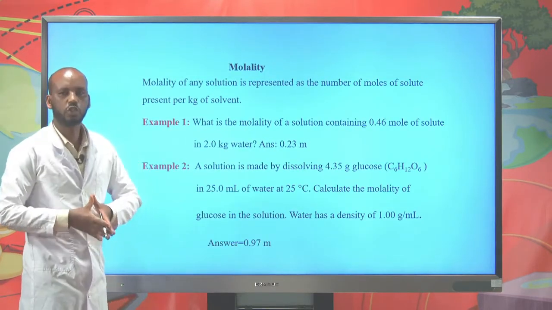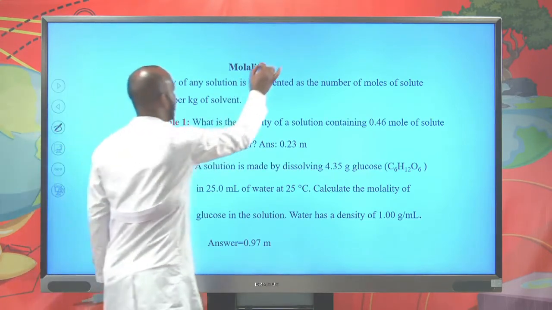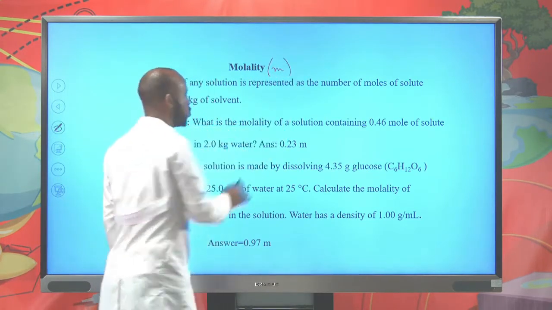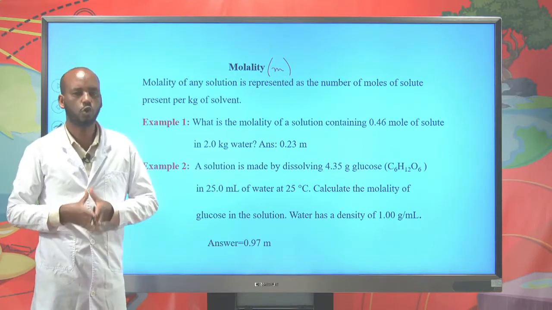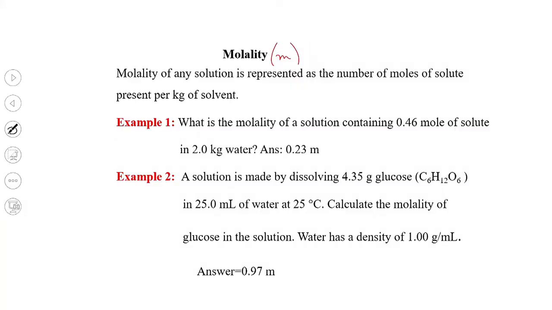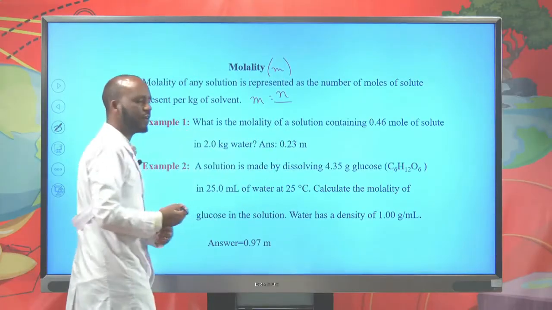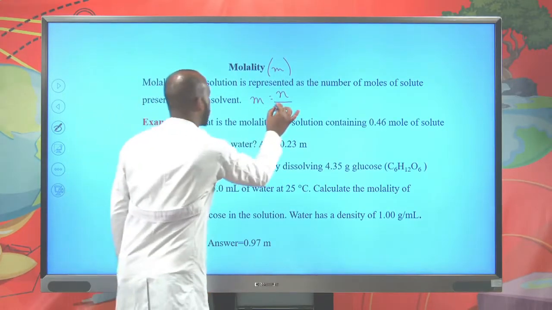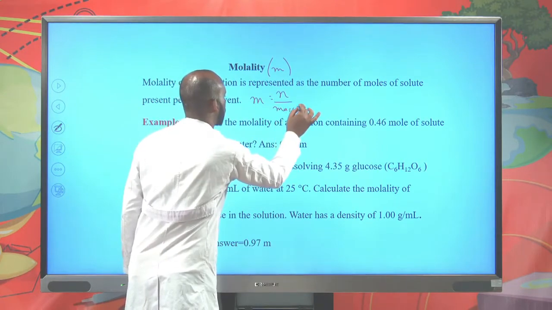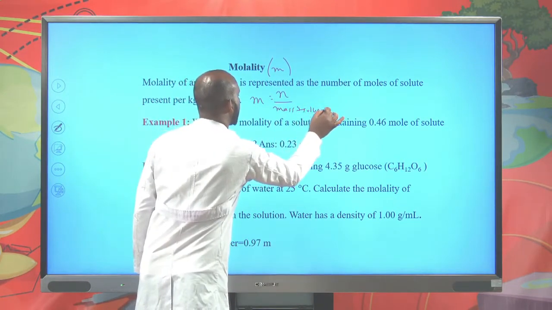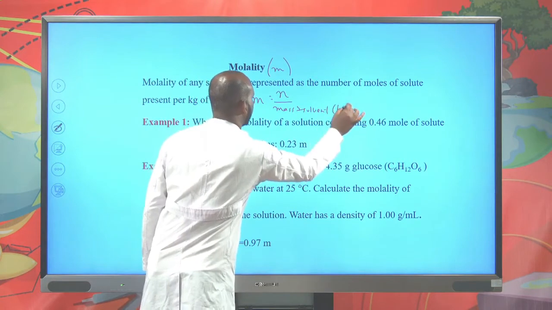Molality, denoted by the symbol small m. Molality of the solution is number of moles of solute per kilogram of solvent. Therefore, molality, small m, equals number of moles of solute divided by mass of solvent in kilograms.